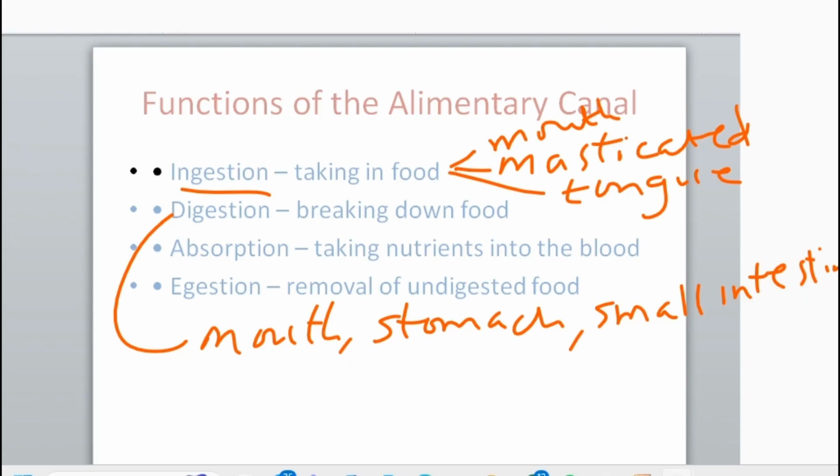Now we'll talk about what actually happens in these parts in the process of digestion.